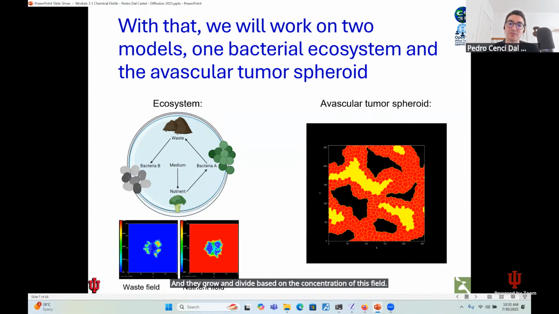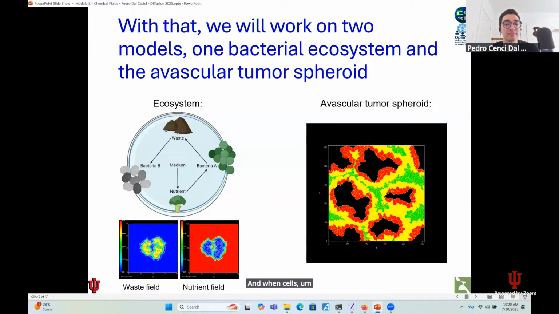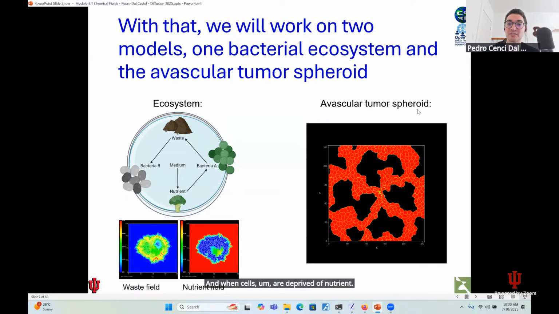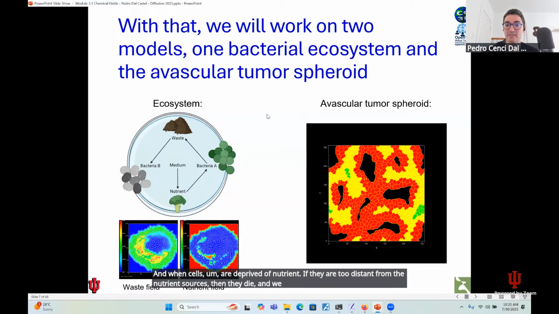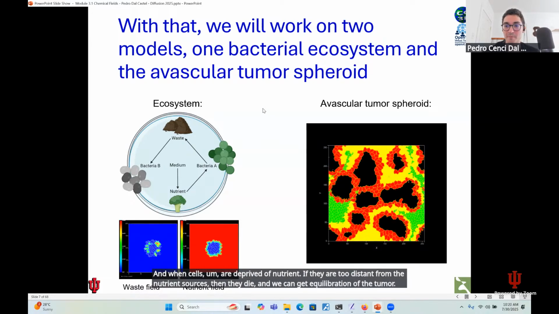And when cells are deprived of nutrient, if they are too distant from the nutrient sources, then they die and we can get equilibration of the tumor.